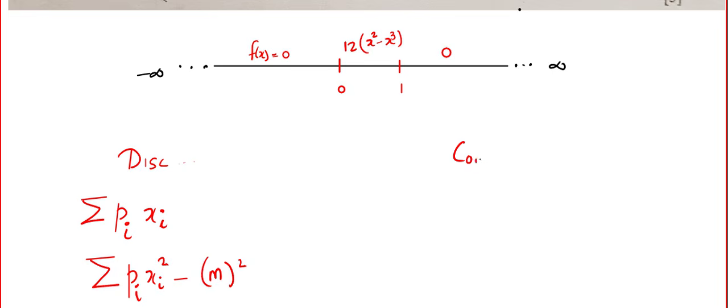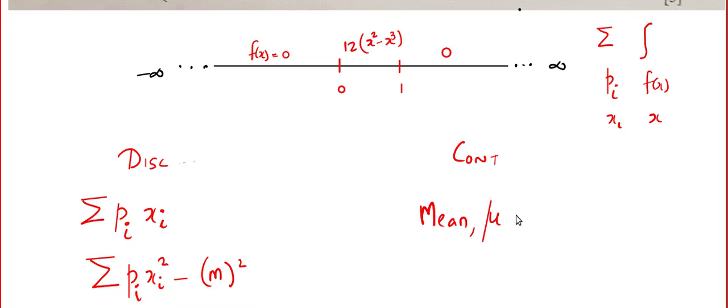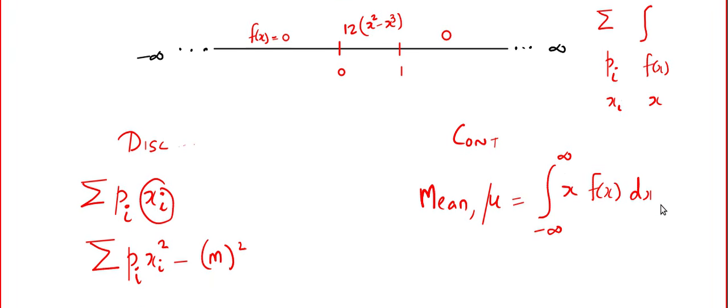In the case of a continuous distribution, I told you a trick long back: sigma changes into integral, p_i becomes the function value and x_i becomes the input variable. So the formula for the mean, denoted by mu, is the integral from minus infinity to infinity of x f(x) dx.